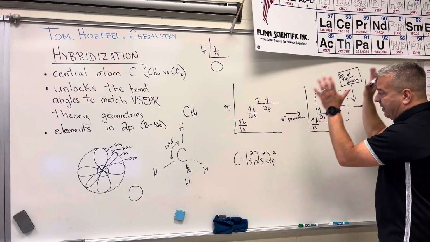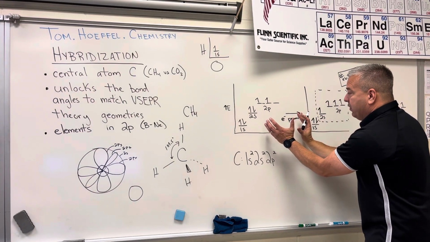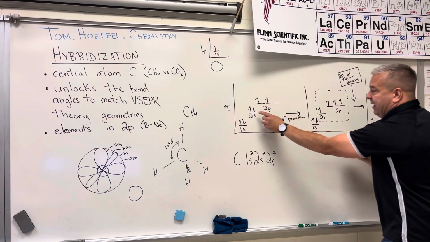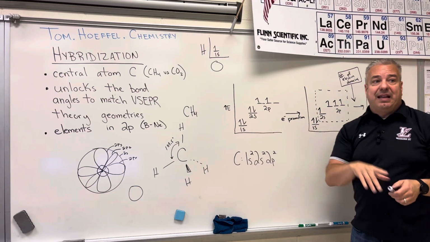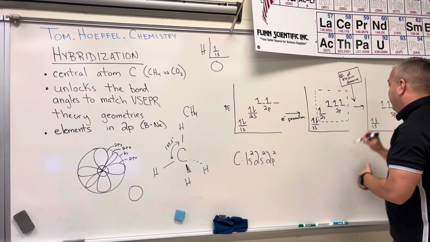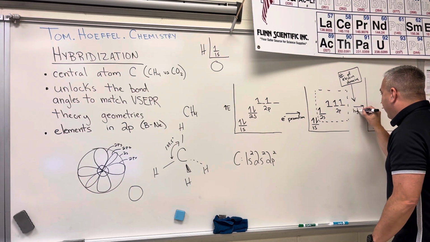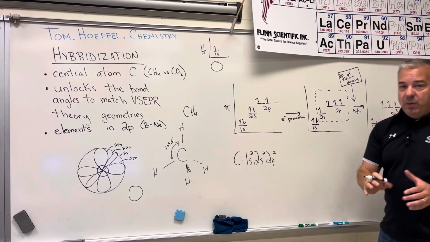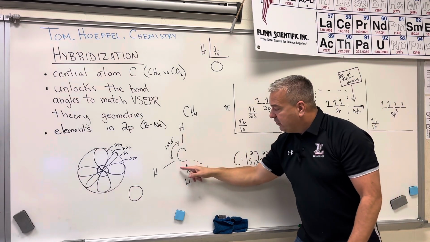So once again, the first step is electron promotion, and we get the electron up to here so that it can have 4 bonds. The second step is what we call hybridization. We count the number of electron domains.